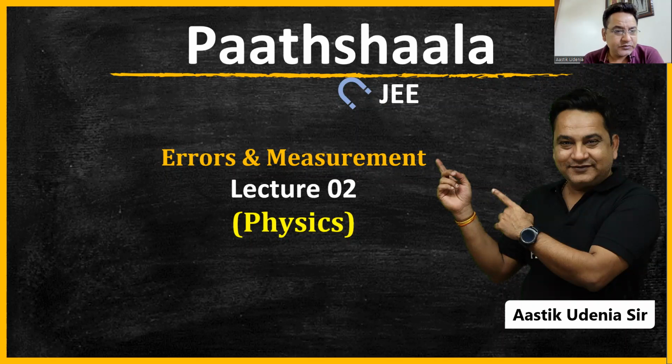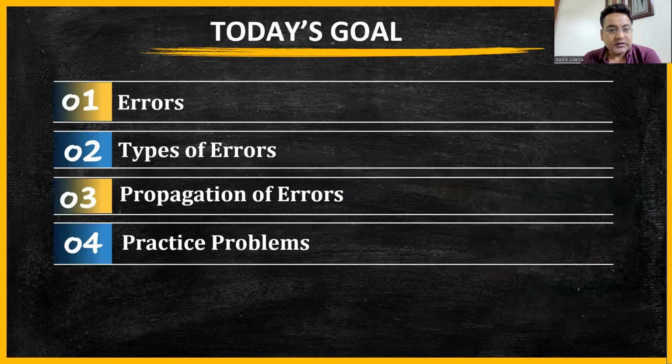This is lecture number 2 and we are dealing with errors and measurement. In the previous lecture, we had gone through the first part of significant figures. Do we remember this? Yes, sir. So let us see what we are going to do in this one. We are going to see what are errors, what are the different types of errors.